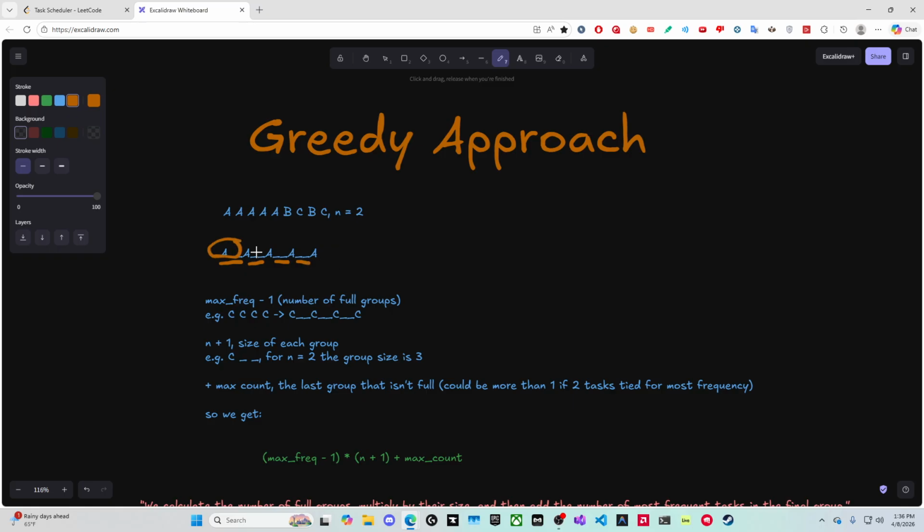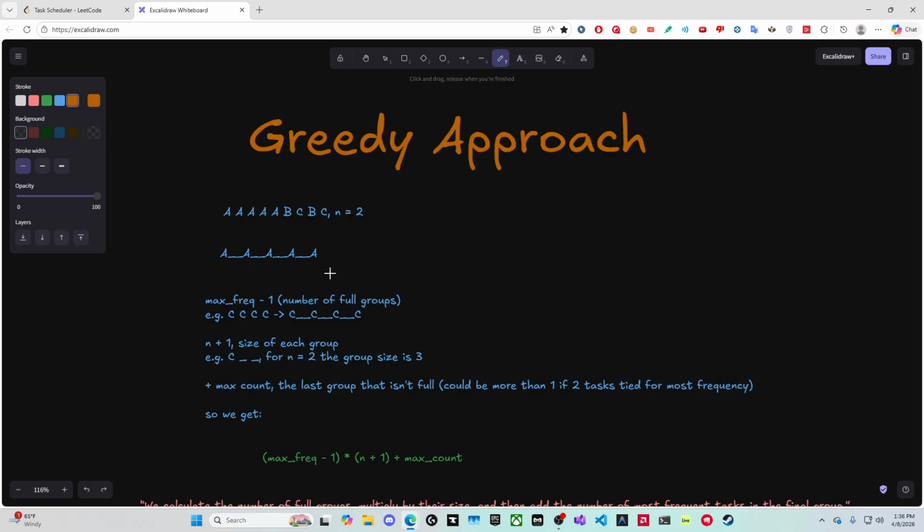Like we have a group here, we have a group here, we have a group here, we have a group here, and then we have an A, right? And so we can kind of formulaically build how we can basically account for the minimum number of CPU intervals, given that we can kind of structure it like this, okay?